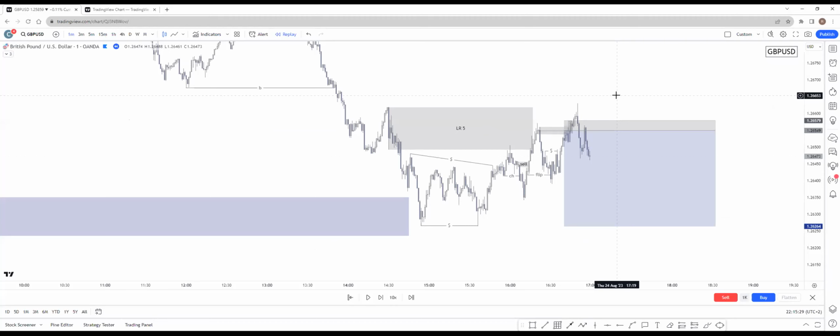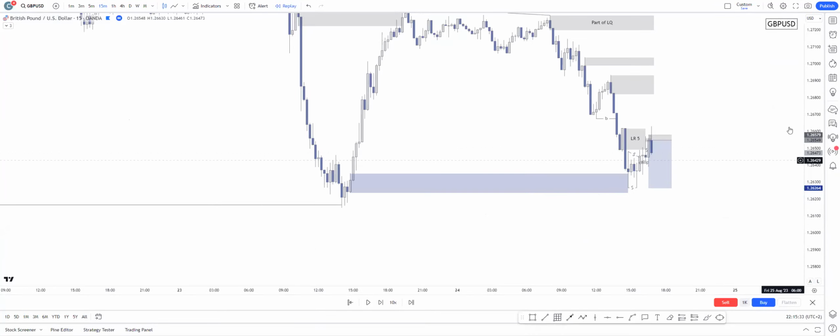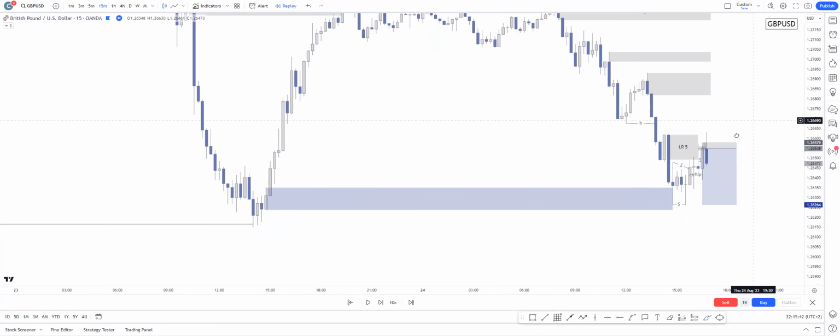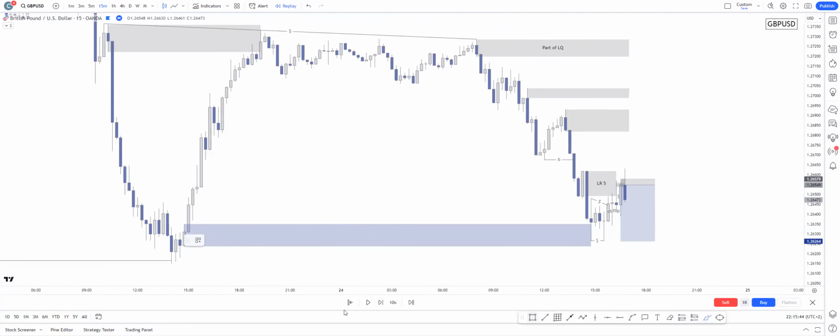So what has happened? Technically, session has started at this point with this candle. This is the first candle of the session, and as you can see, here was some news release that has happened half an hour after session open.